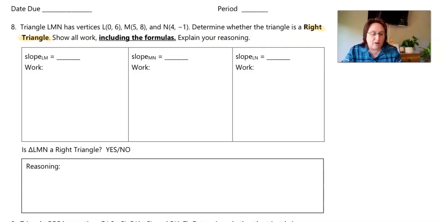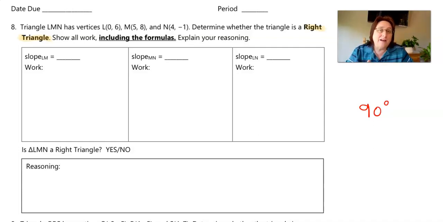So first of all, I have to ask you guys this. If we do have a right triangle, what must be true? Okay, let's see if you guys remember this. A right triangle has to have a 90-degree angle, right?